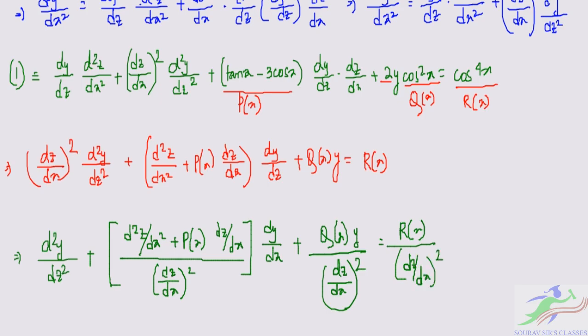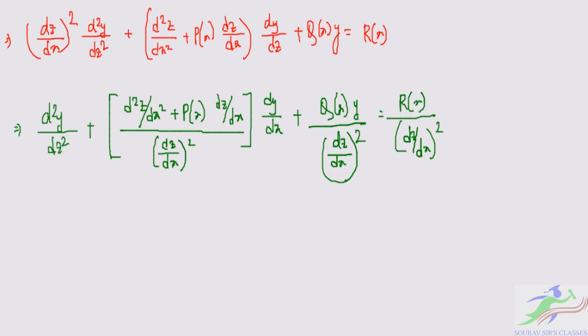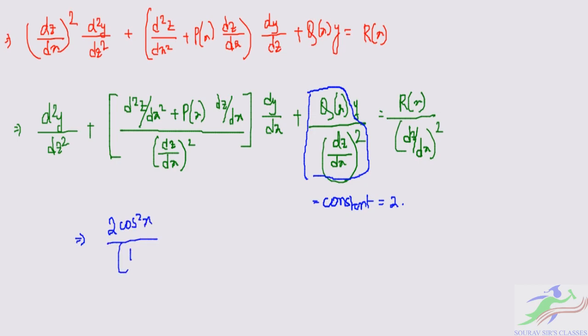Now we can do one thing. Let us choose z so that this q(x) part is a constant. Suppose this constant is equal to 2, so we have 2 cos square x by (dz/dx) square is equal to 2, right?